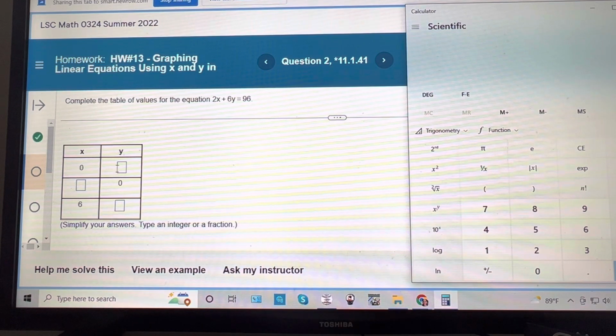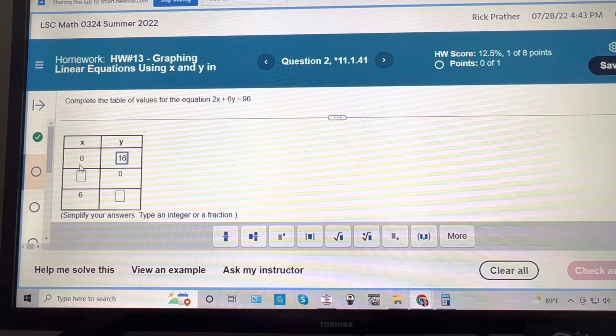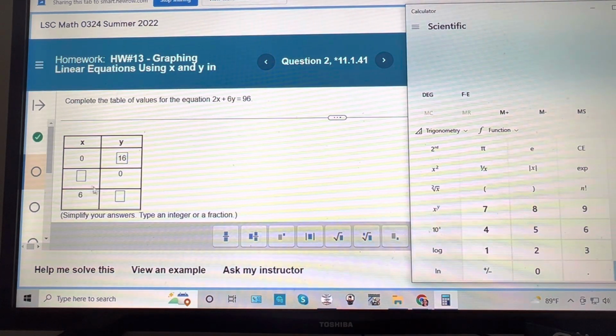So if x is 0, y is 16, and that would be a coordinate on the graph up 16 from the origin. Then if you plug 0 in for y, the 6y will disappear. 2x will equal 96. So divide both sides by 2. 96 divided by 2 is 48.